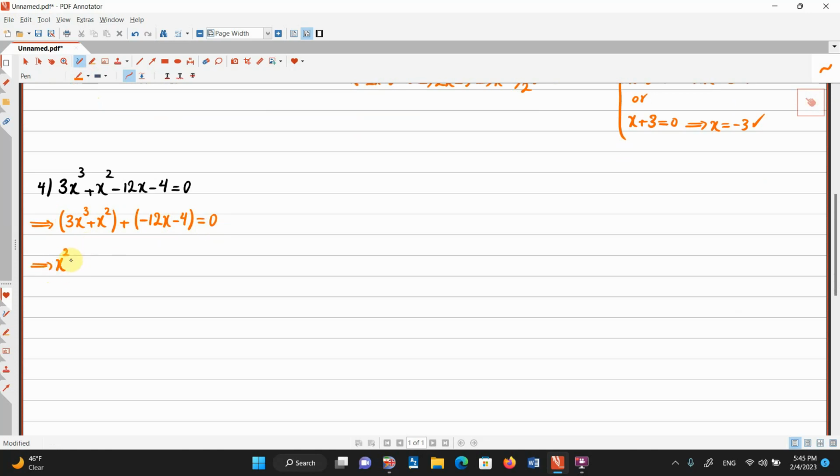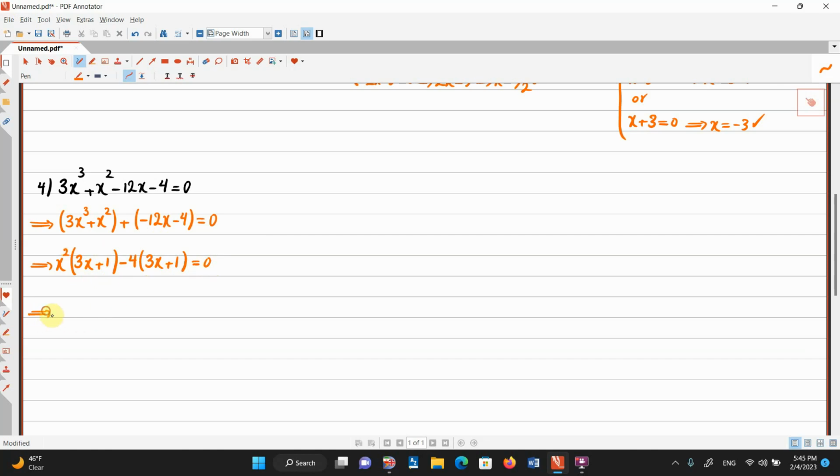If you factor out x squared, you will have 3x plus 1 inside the parentheses. And in the second group, you can factor out 4 or negative 4. But negative 4 is better, because if you factor out negative 4, this parentheses will be repeated here, and you can have 3x plus 1.